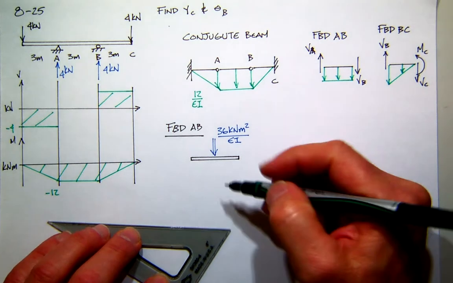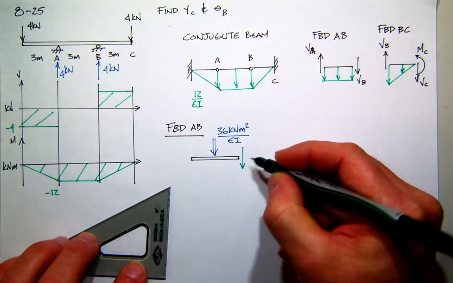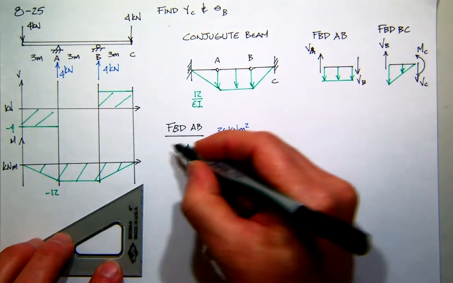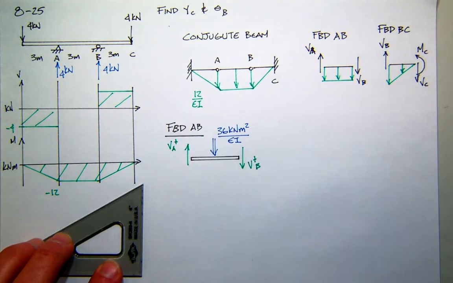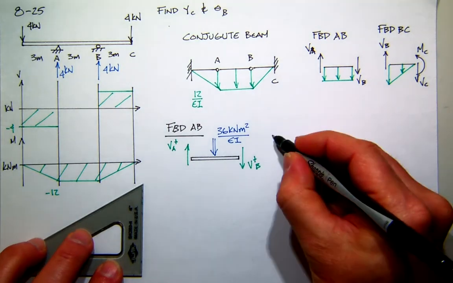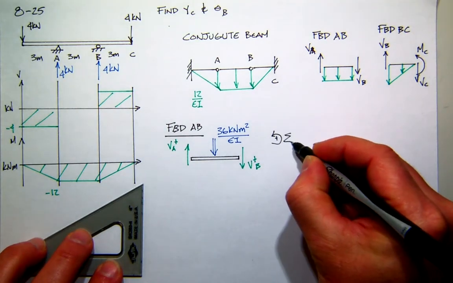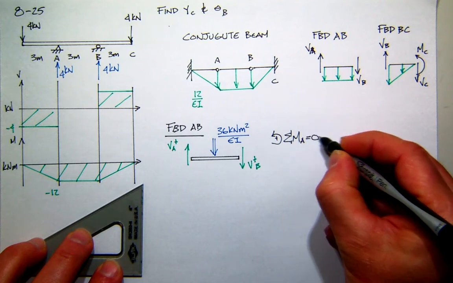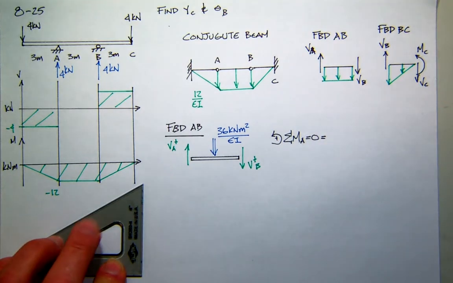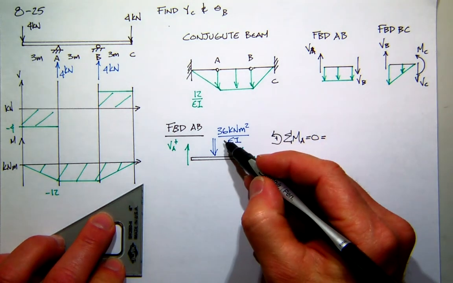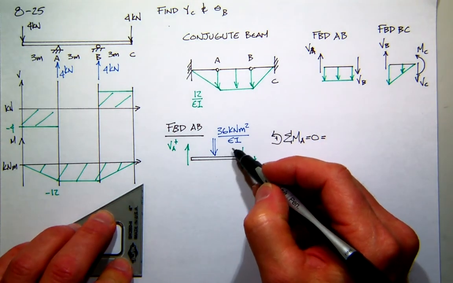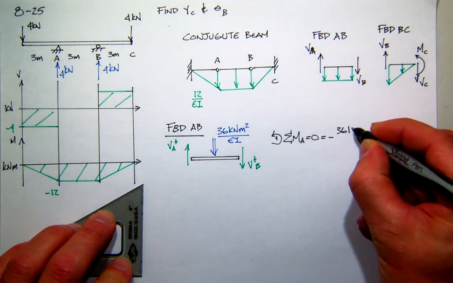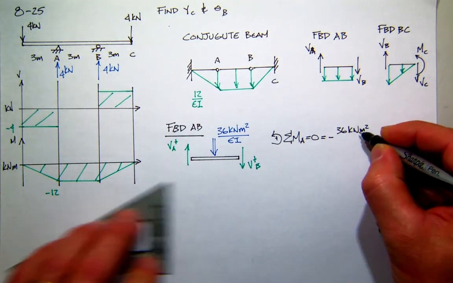And then I have what I'm looking for, the positive shear at B, and of course this is the positive shear at A. So if I sum moments about A, I should find the shear at B. So what kind of moment does this 36 kilonewton meters squared over EI force have about A? Negative. So I got negative 36 kilonewton meters squared over EI.